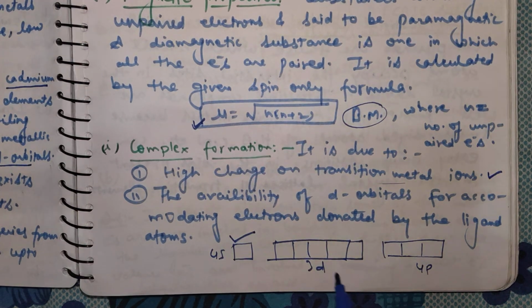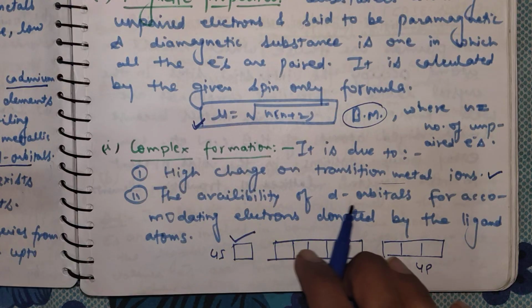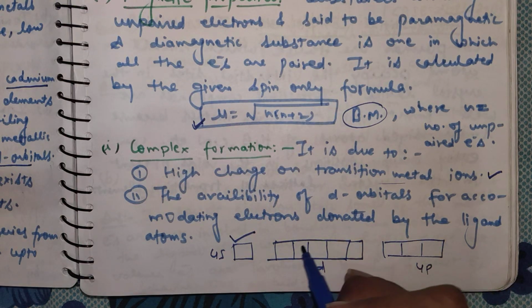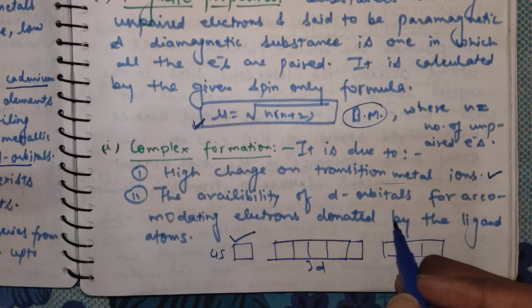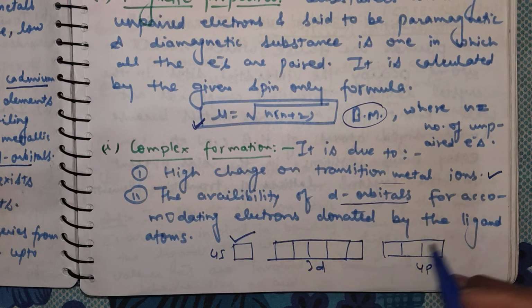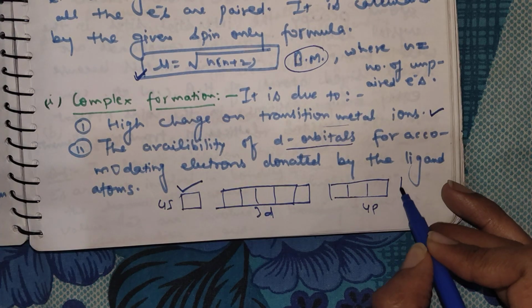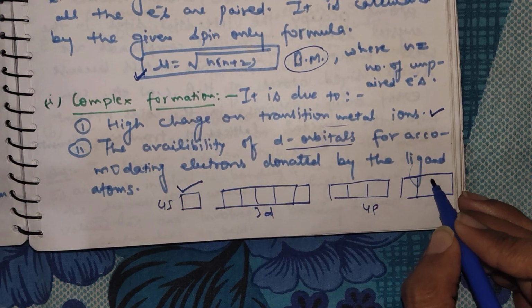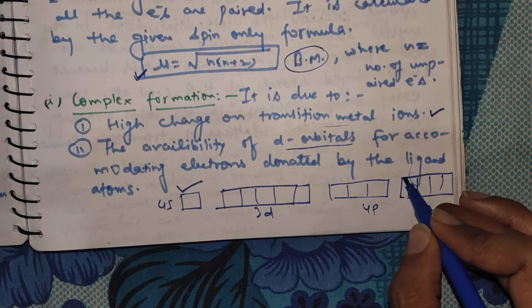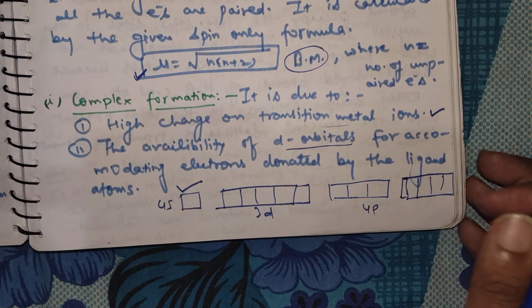So when any ligand donates its electrons, the d orbitals are available. And the vacant orbitals are also there if these are all paired by the strong field ligands. So the 4s, 4p and 4d orbitals are also available for bonding.